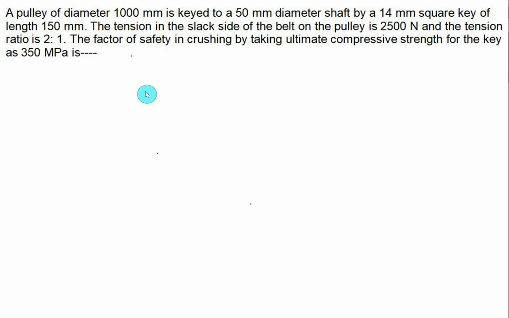But before this, using T max and T minimum, we'll calculate how much torque is developed. So one equation we'll use: torque is equal to maximum tension minus minimum tension multiplied by the diameter of pulley divided by 2.